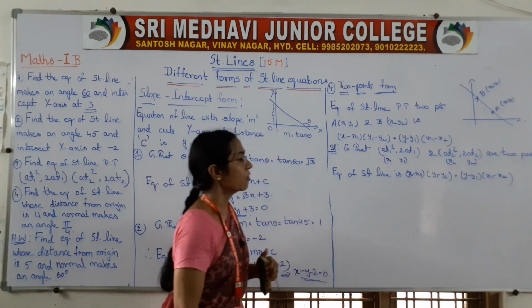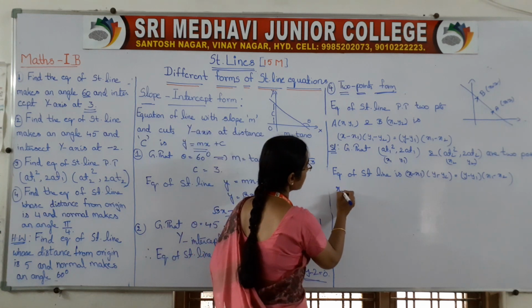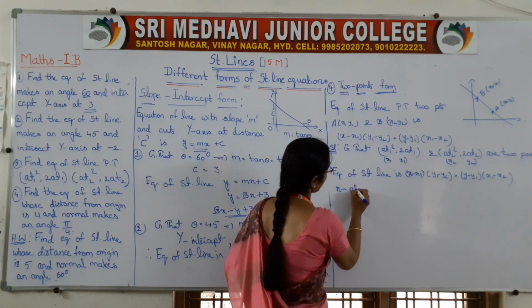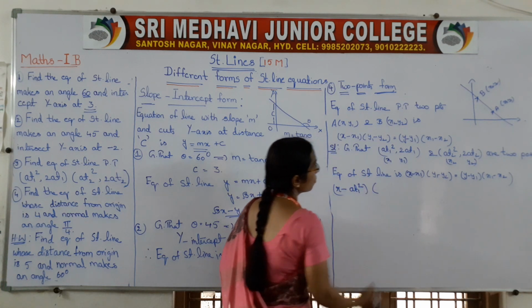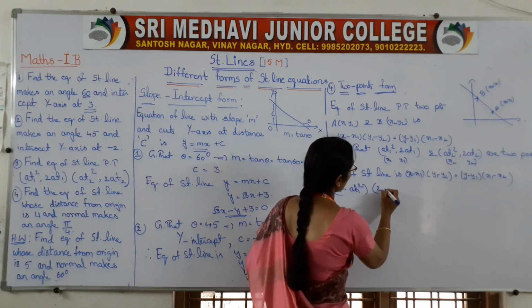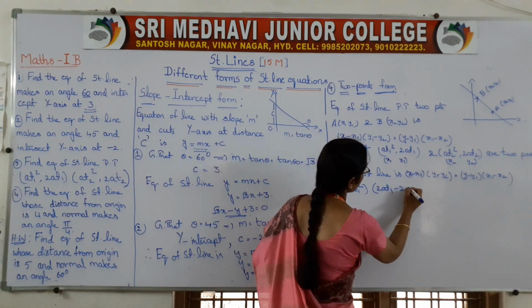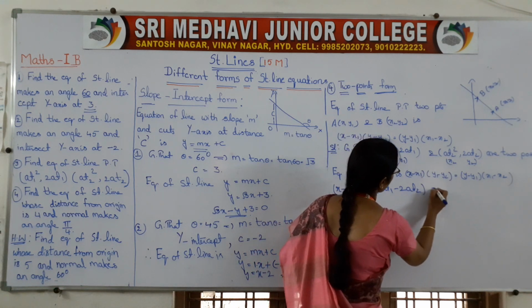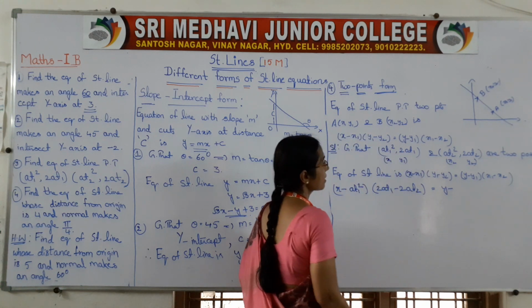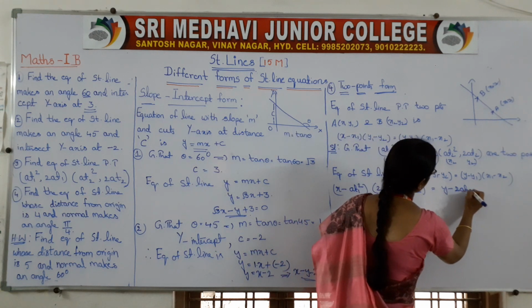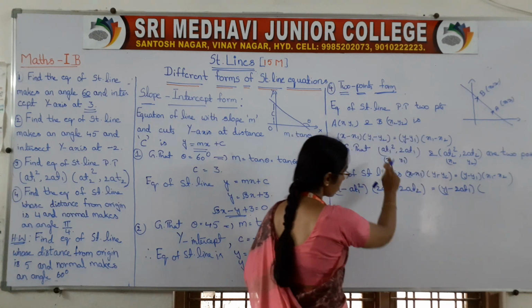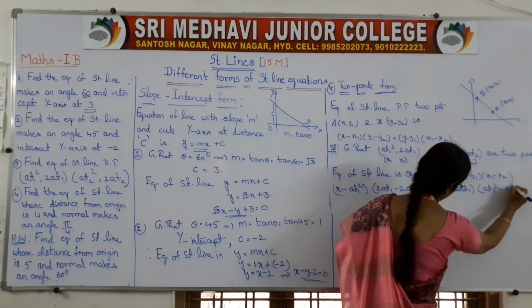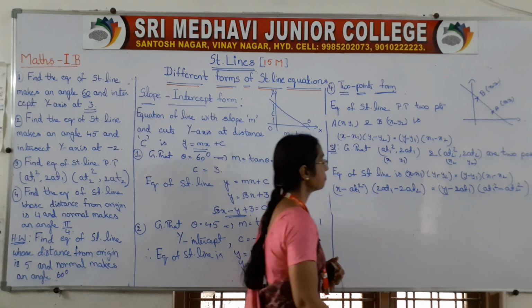Be attentive, we have to substitute carefully. x minus x1, what is x1? at1 square into y1 minus y2, 2at1 minus 2at2, is equal to y minus y1, 2at1 into x1 minus x2, this is at1 square minus at2 square.